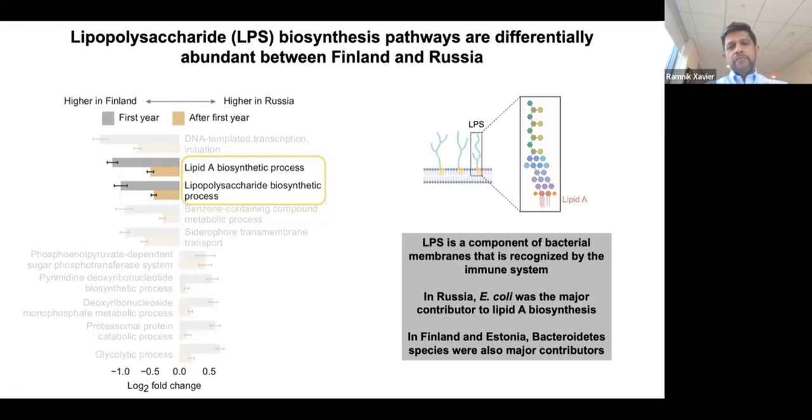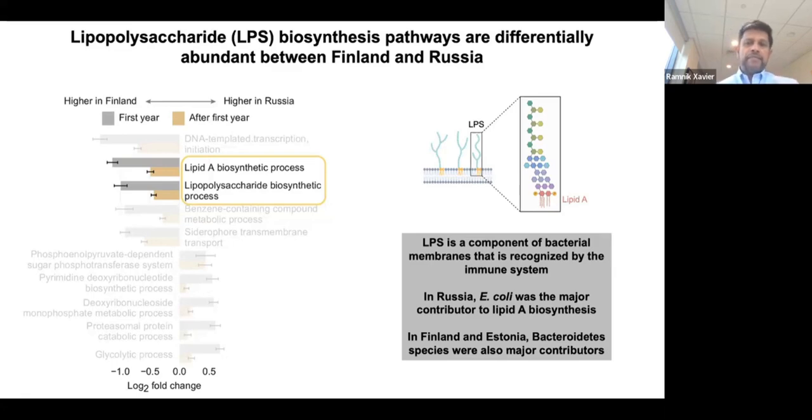This is a common bacterial membrane component that is recognized by the immune system. And the LPS that was predominantly made by kids born in Russia was an LPS that came from E. coli, whereas in the children born in Finland or in Estonia, the LPS came from species called Bacteroidetes.